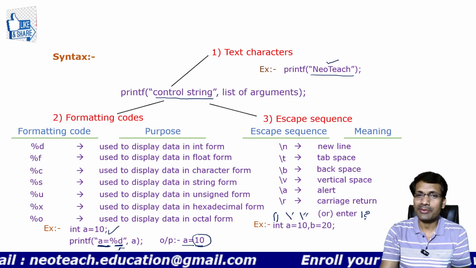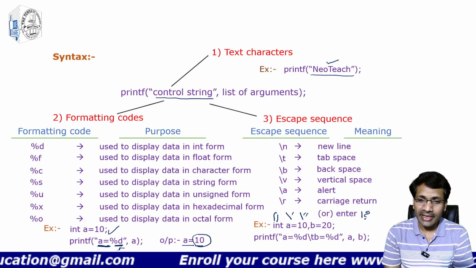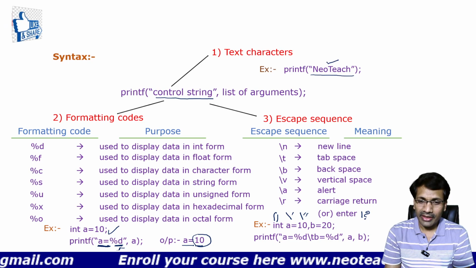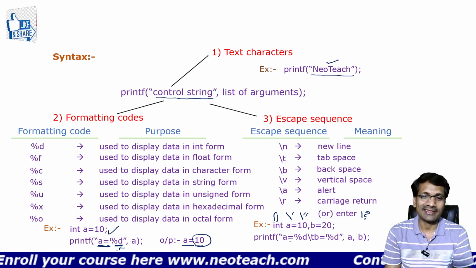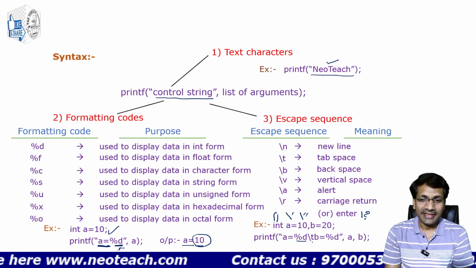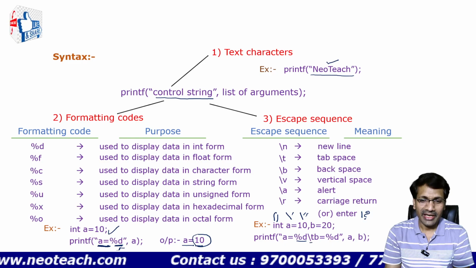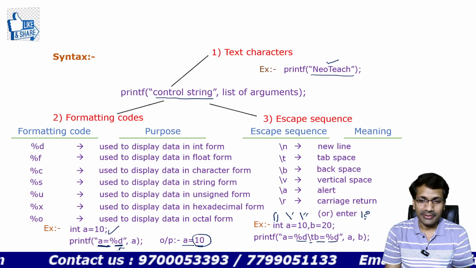I want to display those two values by providing the tab space. See, in printf I write normal characters, a is equals to, then %d as the formatting code, then tab space, followed by normal characters and again a formatting code.